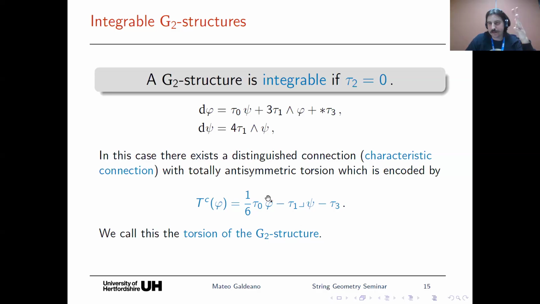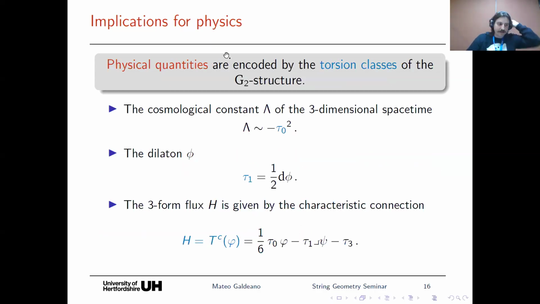Now that I'm mentioning physics, let me tell you a bit about the implications that this has for physics, because interestingly, a lot of physical quantities are encoded by the torsion classes of the G2 structure. If I have a solution of this heterotic G2 system on some G2 manifold, and I know these torsion classes, I know a lot about the physics underlying my solution.